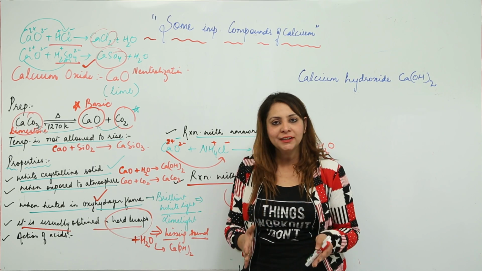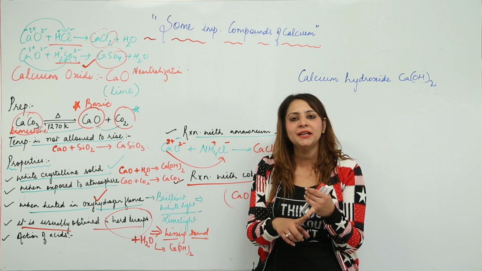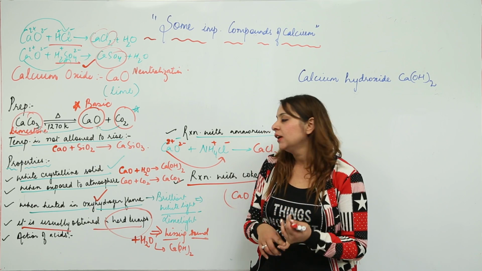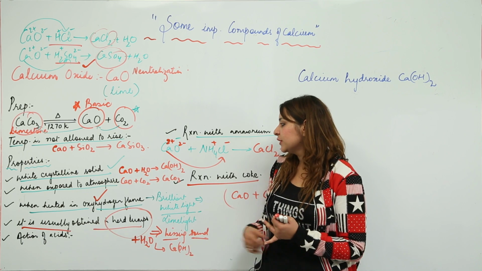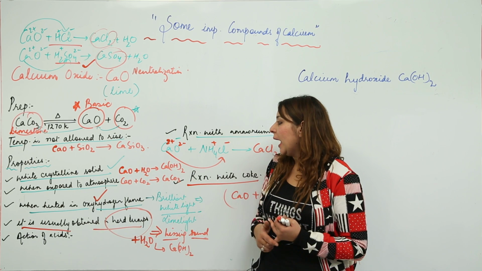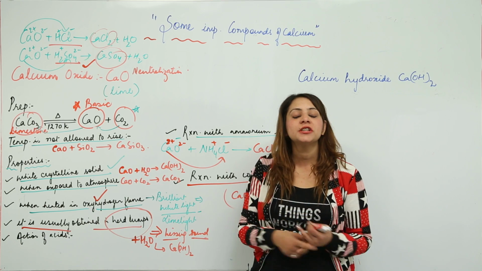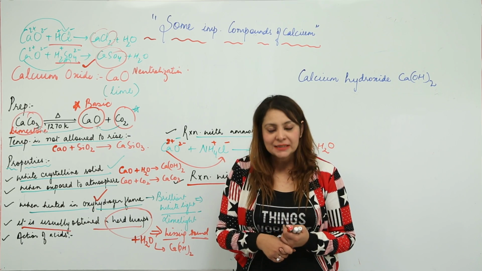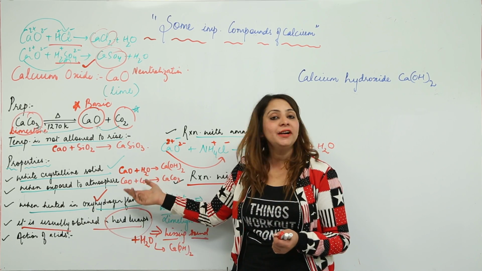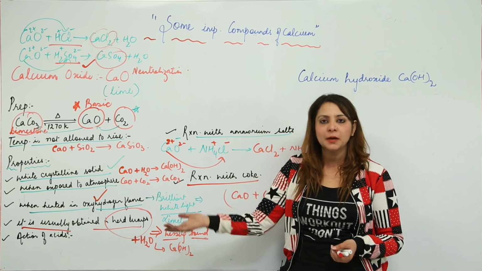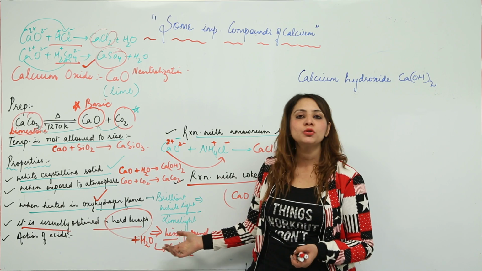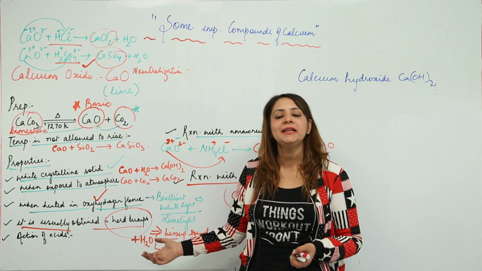I think you got it: flux in metallurgy, drying agent for drying anything where you need to remove moisture. It is used in the preparation of limestone, and as I told you, in the manufacturing of cement, glass and many other materials. And it is generally used in a lab in preparing many other compounds also. So this is all about lime, that is, calcium oxide, CaO.